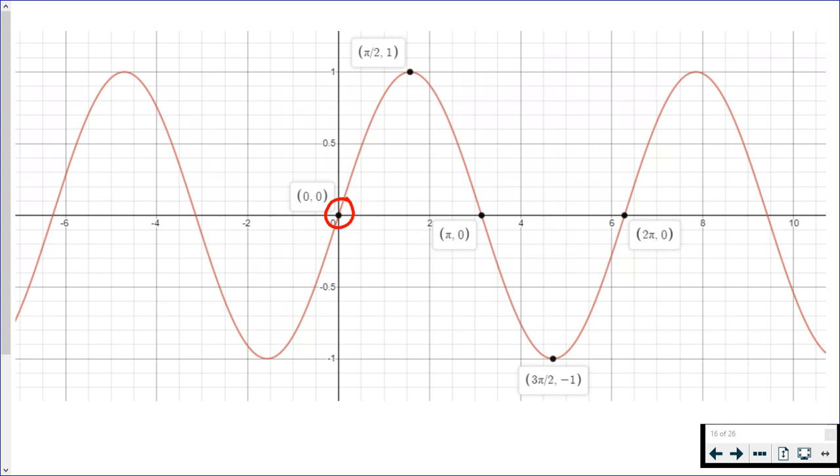If I start here at 0, 0, and I trace the graph until 2 pi, you'll notice that that is one cycle of the sine function. Once you get past 2 pi, the cycle starts again. Same with the left of 0. It's the same pattern over and over again. That's why these are periodic functions.